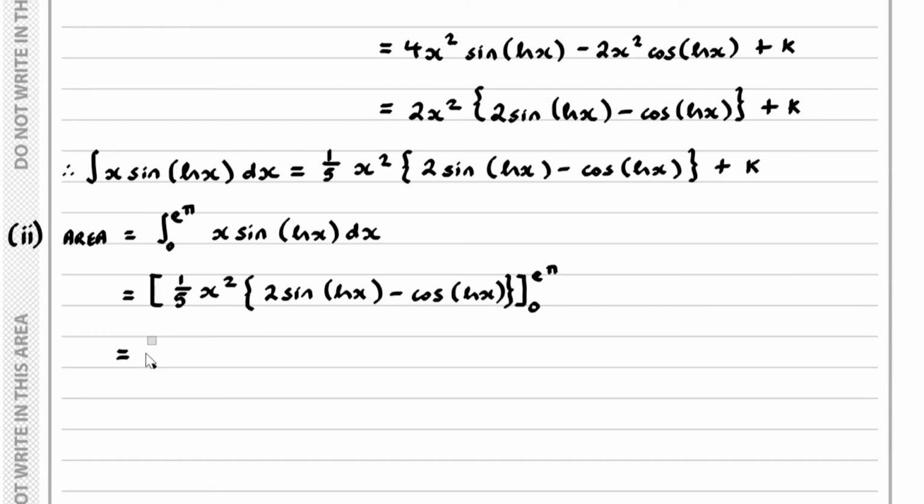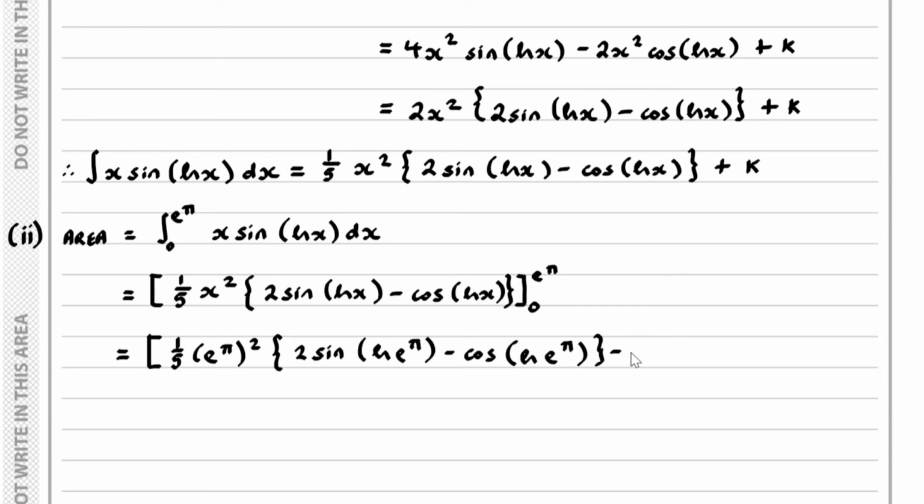For the upper limit, we have 1/5 times e to the pi squared multiplied by 2 times the sine of the natural log of e to the pi minus the cosine of the natural log of e to the pi. So this is what we have for my upper limit.